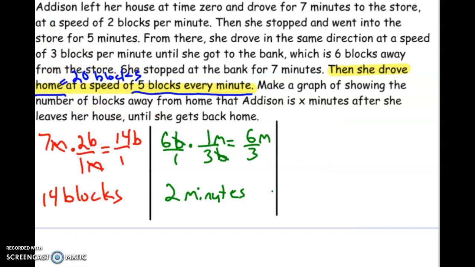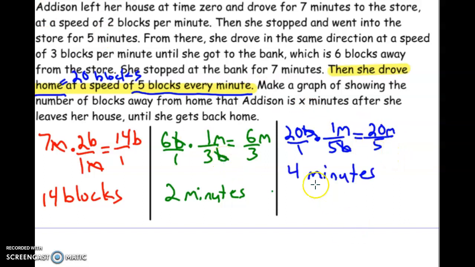So we use the 20 blocks in our ratio. You got 20 blocks over 1, again, we want to keep the 1 in the numerator and the 1 in the denominator. So we're doing 1 minute for every 5 blocks. The B's cancel out. You got 20 minutes over 5. 20 divided by 5 is 4 minutes.